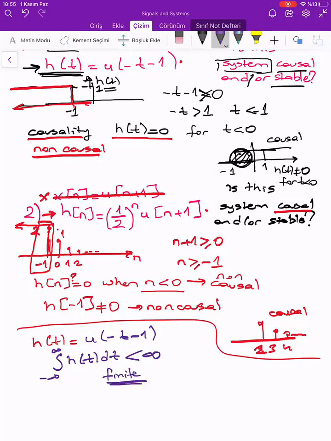the system characteristics, which is h of t, my impulse response. For the stability, I will again check h of t.